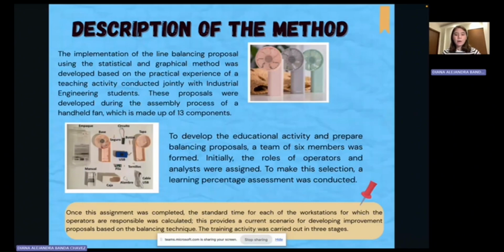This provides a current scenario for developing an improvement proposal based on the balancing technique. The training activity was carried out in 3 stages: the process measurement study, the proposal for improvement, and the experimental simulation, which are now going to be explained by my partners. Thank you.